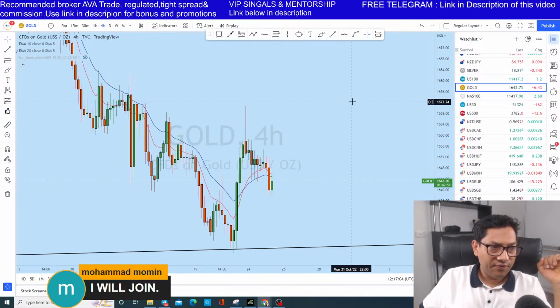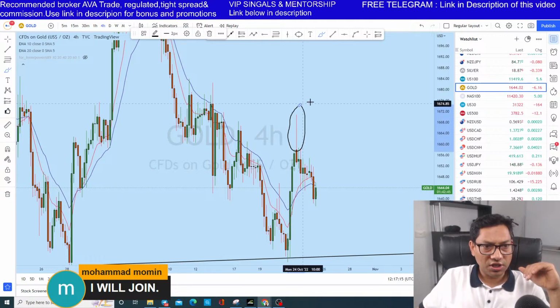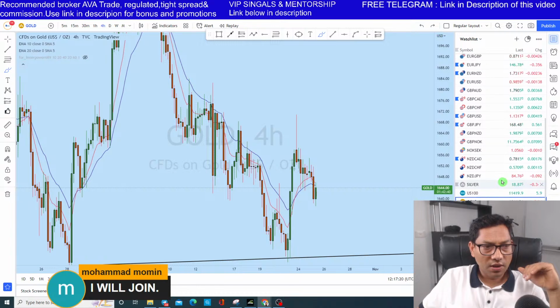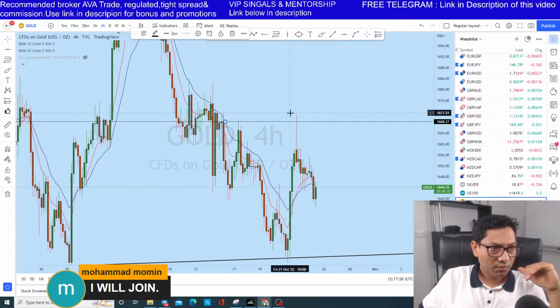It's not easy for a long-term bearish market suddenly to be bullish. You see this long candle on gold, a very strong rejection here, and this candle has a false breakout, a very strong rejection with a long false breakout.